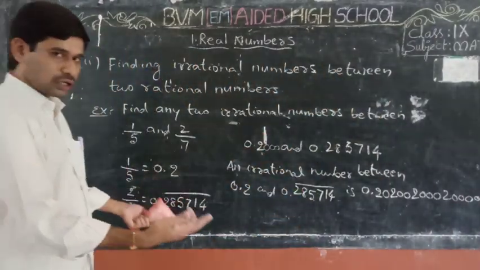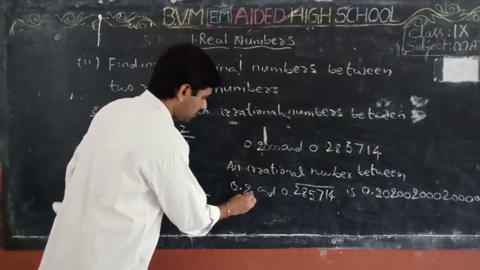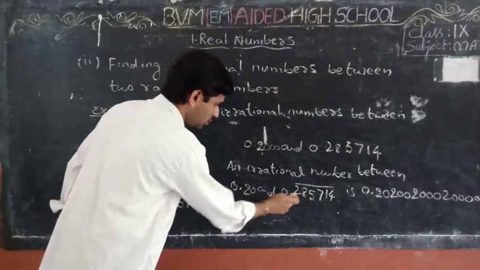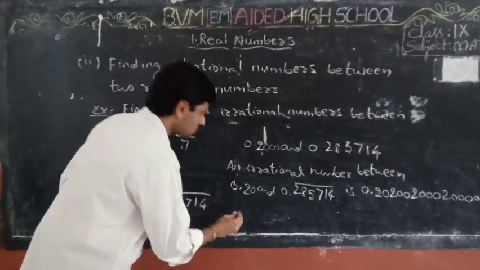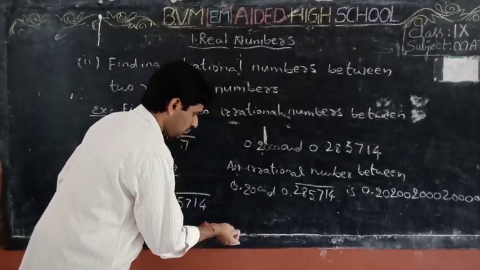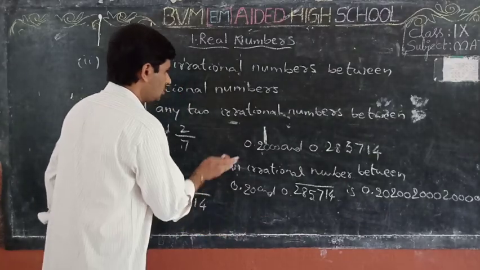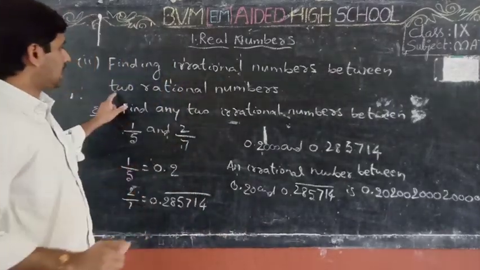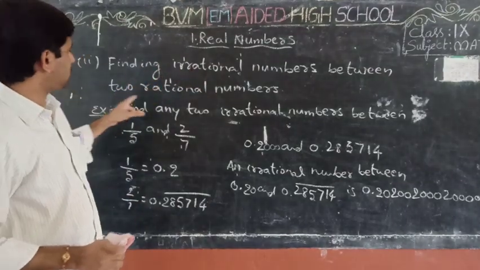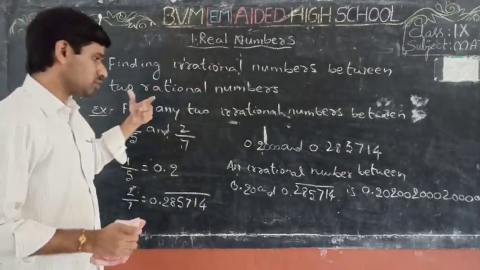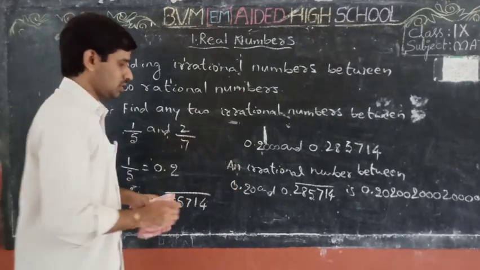Now, if you want to write another in between 0.20 and 0.28, 20 and 28, 21, 22, 23, so on. Here the question is to write two irrational numbers, finding irrational numbers between two rational numbers. So you can write any number of irrational numbers.